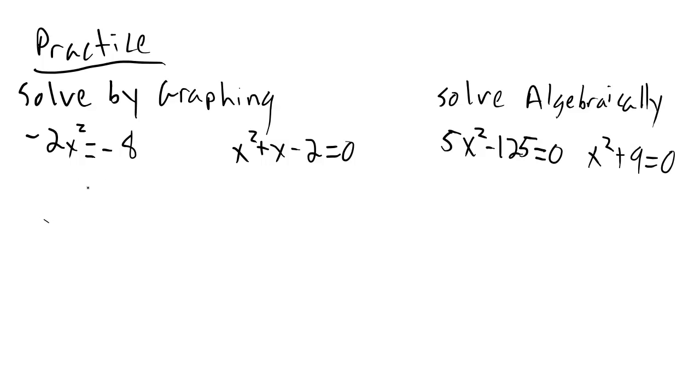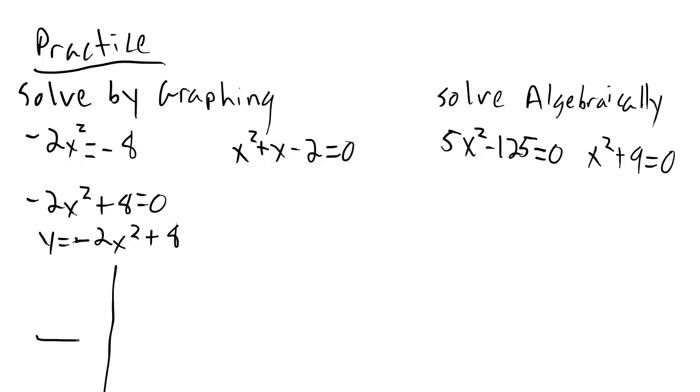Okay, welcome back. Let's get started with this first one. First thing we want to do is make sure that one side is equal to 0. So we add 8 to both sides. Next step, we change that 0 into a y. So we get y is equal to negative 2x squared plus 8. And then we put this into our graphing calculators.